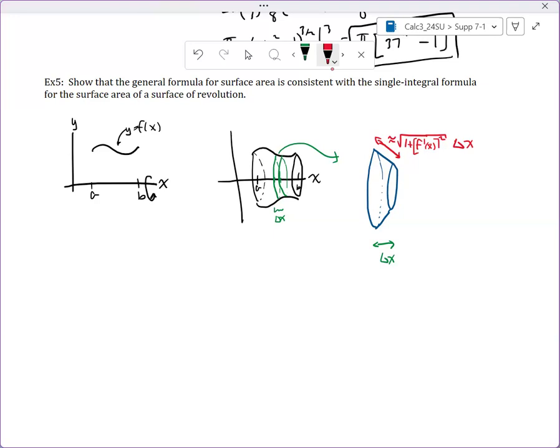The other thing I know if I pick delta x to be small is, so here's my x-axis coming through the middle here, my radius is going to be about f of x. It's going to be about the height of the function for a given input x.